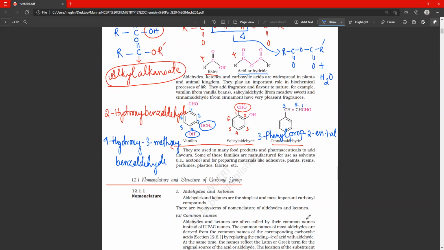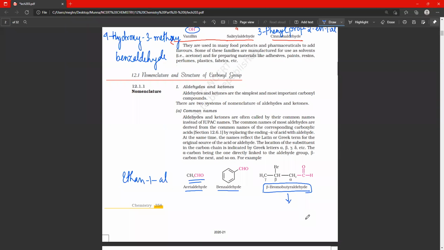I'll scroll up now. Everyone do the IUPAC name of this one. Mahek, if I'm audible, please write down the IUPAC name. Ankita, am I audible? Yes, ma'am. Okay, so try the IUPAC name and write it down in the chat box.